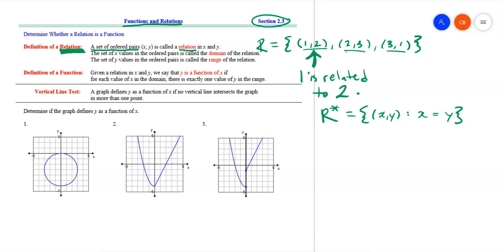This would be a thing. The way that I pronounce this set out loud is, you say the set R star is the set of all x, y such that. There's a couple of ways to put the such that. Some people will put such that, or else some people will put just a vertical bar. It's all the same thing.